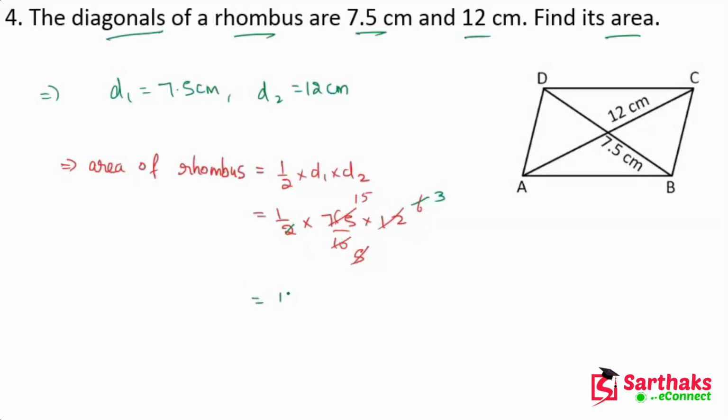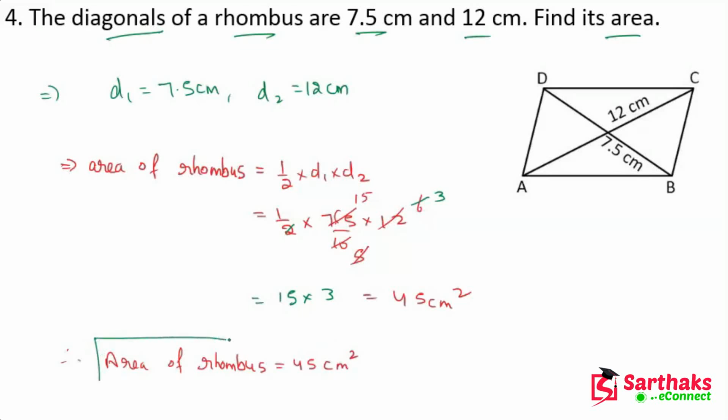So we have 15 into 3, which is equal to 45 centimeter square. So the area of the rhombus is 45 centimeter square. I hope you understand these things, my dear friend. This is the answer of this problem.